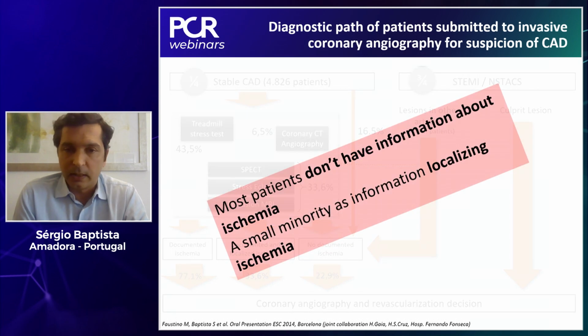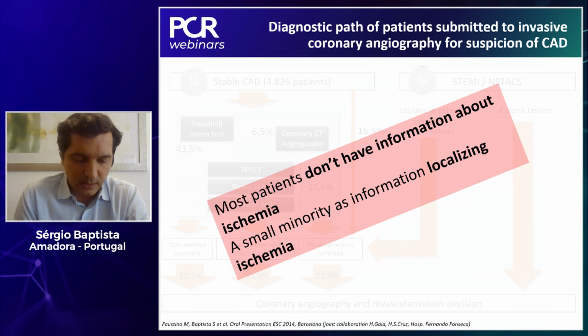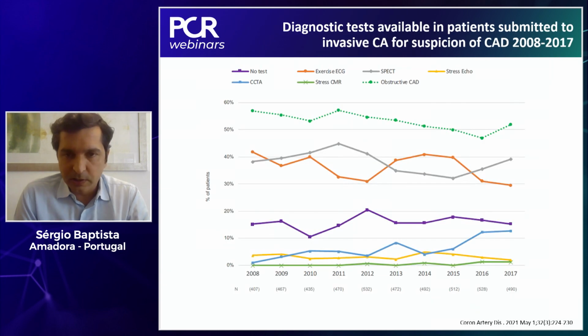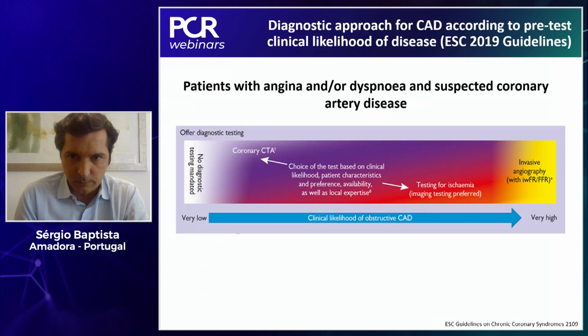So in summary, most patients at the cath lab don't have information about ischemia, and only a small minority has information about localizing ischemia. And recently we looked at this again, and over the years until 2017, we have some changes. There are more patients doing CT scans, but still there is a large majority of patients that arrive to the cath lab without information.